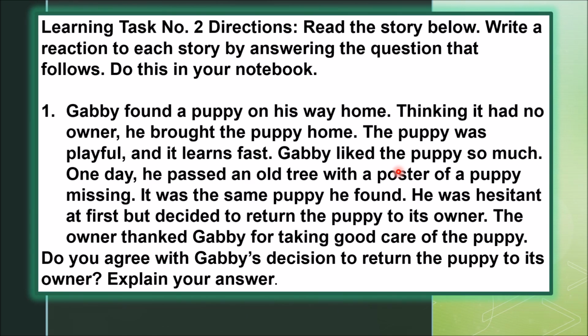Pero, isang araw nang siya ay napadaan doon sa may old tree, may nakita siyang poster ng puppy missing. Tapos, it was the same puppy he found. Siyempre, sa simula, napamahal na nga sa kanyang aso, nag-hesitant siya, ibig sabihin, nag-iisip siya na, pwede ko ba itong ibigay o hindi, di ba, hesitant to return. Then, pero he decided to return the puppy to its owner. That's why the owner thanked Gabby for taking good care of the puppy.